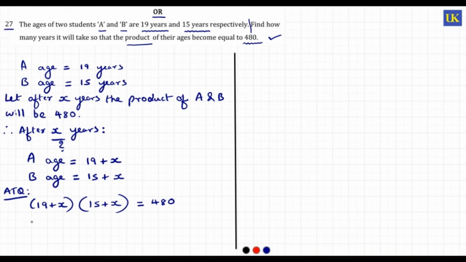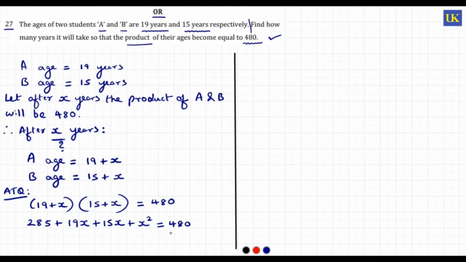So 19 into 15 will give me 285, plus 19 into X will become 19x. X into 15 will become 15x. X into X will become x square, is equal to 480.